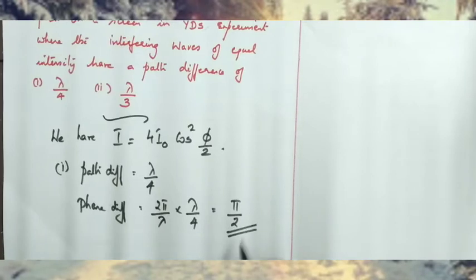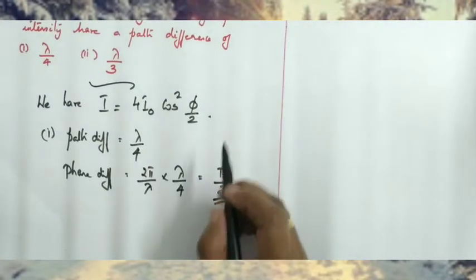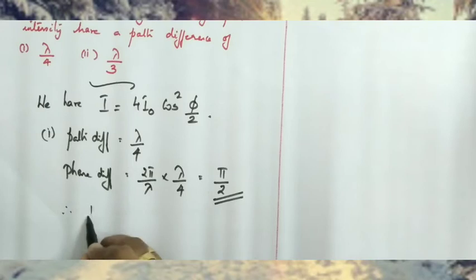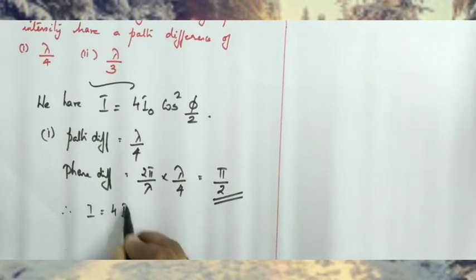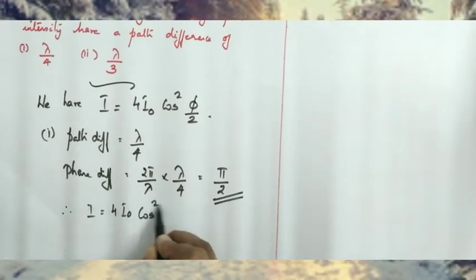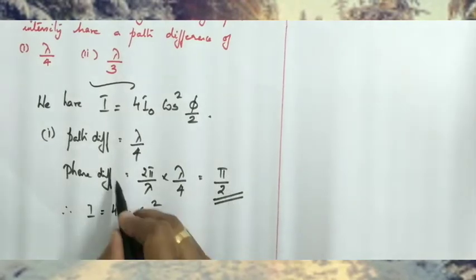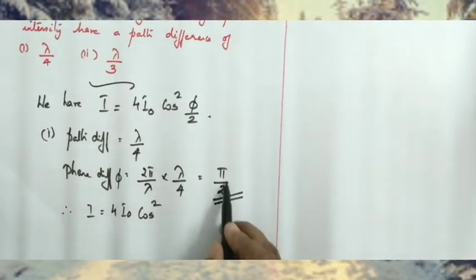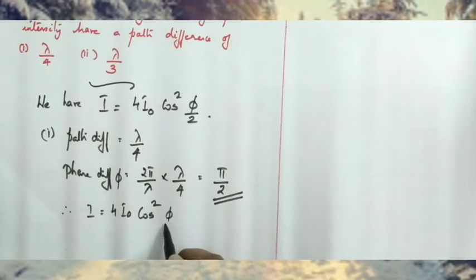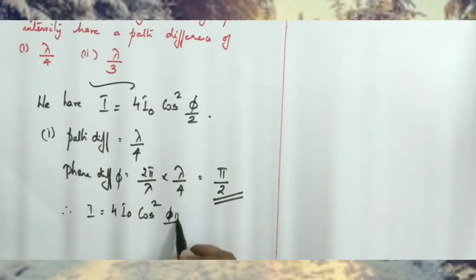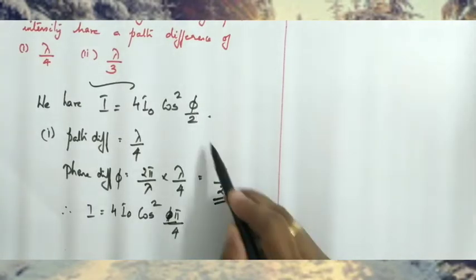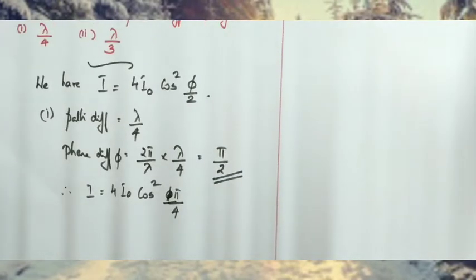Therefore I becomes 4I0 into cos square phi by 2, where phi is pi by 2, so it becomes pi by 4.